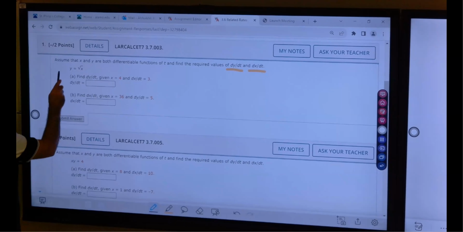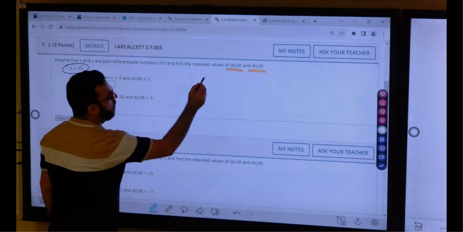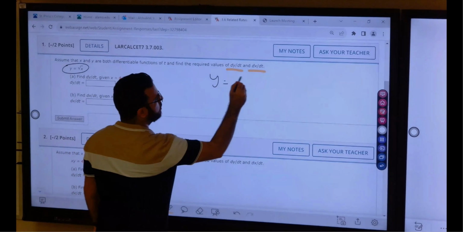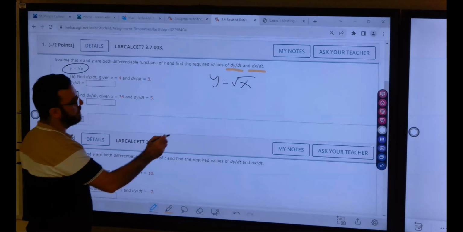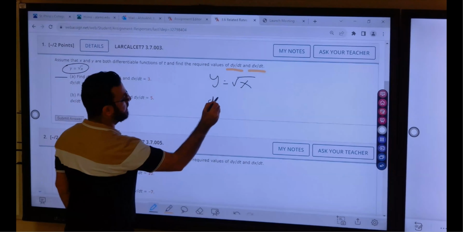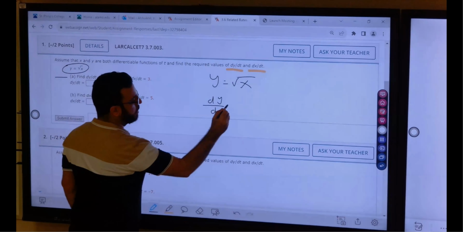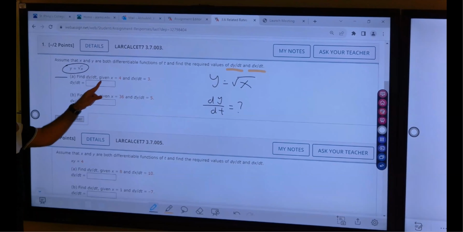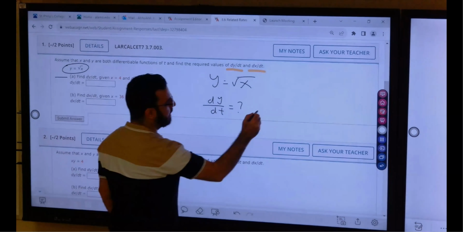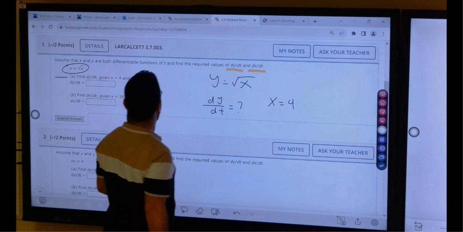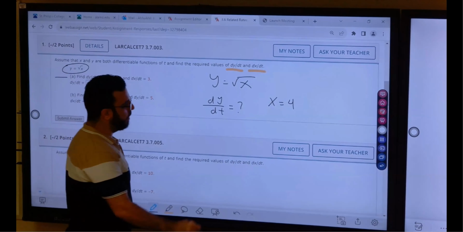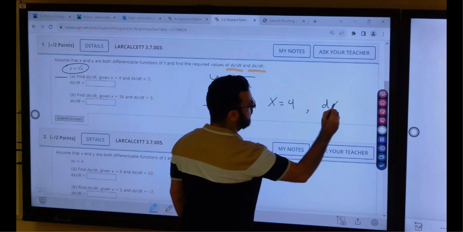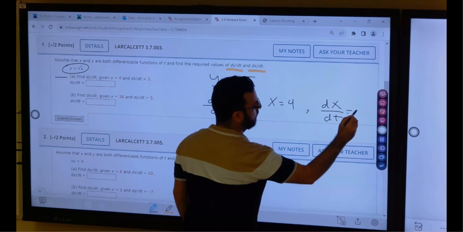A asks: find dy with respect to t. That's what we need to find, at the given x equal 4 and dx over dt equal 3.